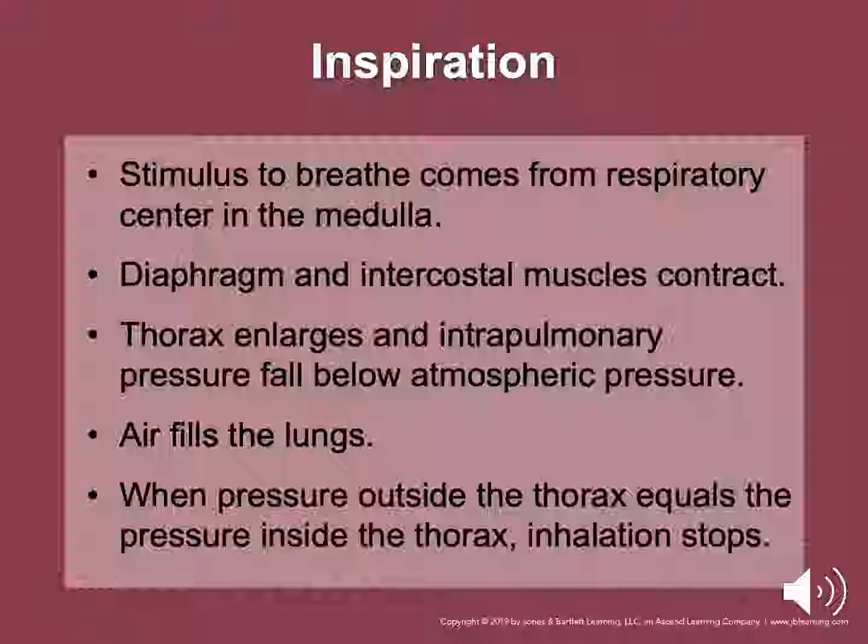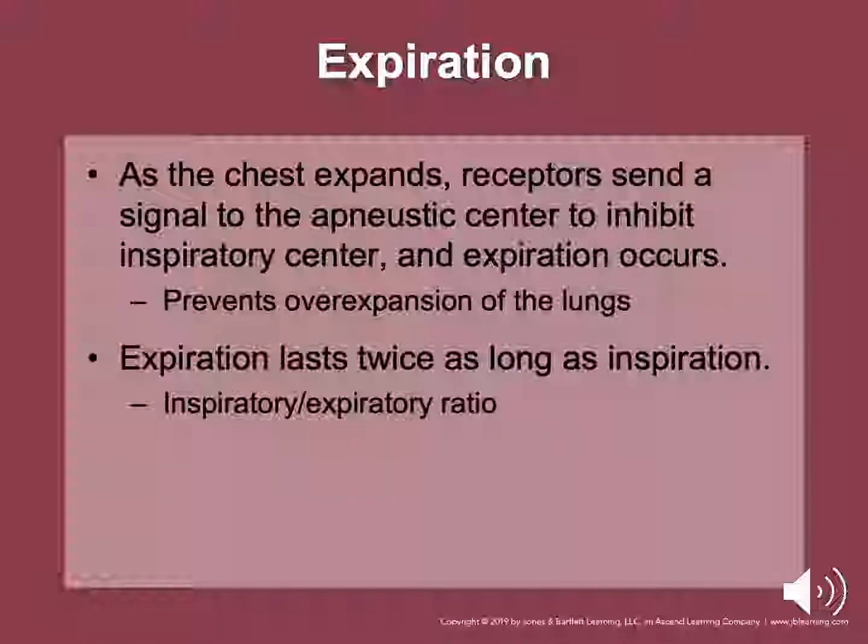So normal respiratory volume is 3,000 mL for an adult male and 2,300 mL for an adult female. In expiration, as the chest expands, receptors send that signal to the apneustic center to inhibit the inspiratory center, and expiration occurs. This helps prevent overexpansion of the lung.